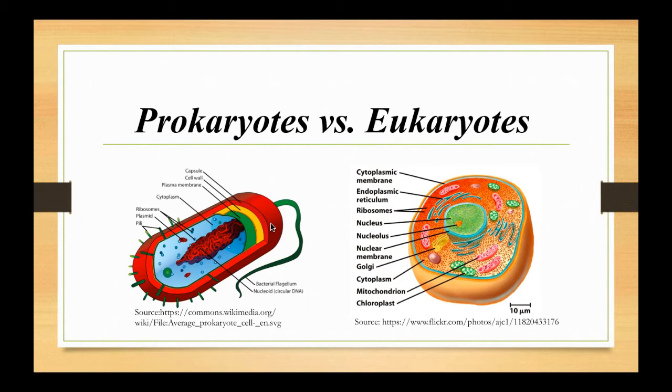When you ask a little kid what a cell looks like, I'm pretty sure they'll be imagining this image. And think about prokaryotes as a cell without any organized nuclei or organelles. Those are two big differences, because this one has no nucleus, but this one does have a nucleus.